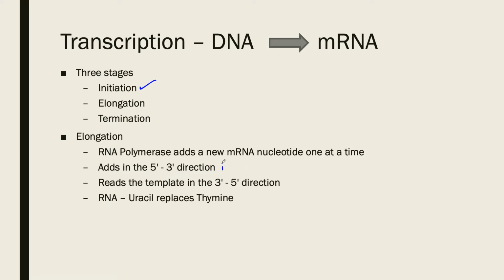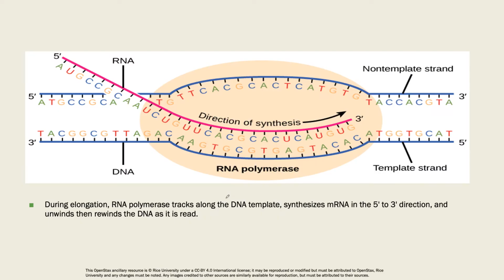That is in the new mRNA transcript that's being produced. Okay. Because the strands are running in opposite direction, that means the template strand is being read in the opposite direction, the 3' to 5' direction. Remember also that uracil replaces thymine in the mRNA transcript. So let's have a look at this.